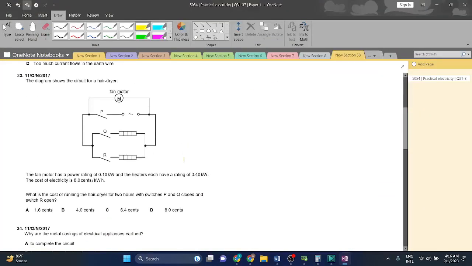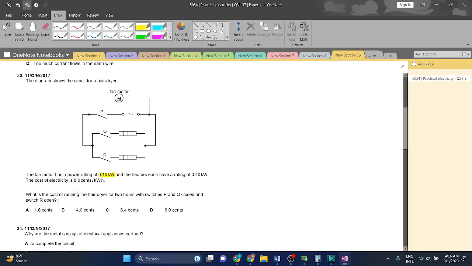Question 33. The diagram shows the circuit for a hair dryer. The fan motor has a power rating of 0.1 kilowatt and the heaters each have a rating of 0.4 kilowatts. The cost of electricity is 8 cents per kilowatt hour.